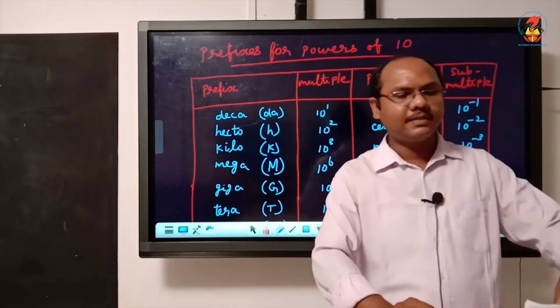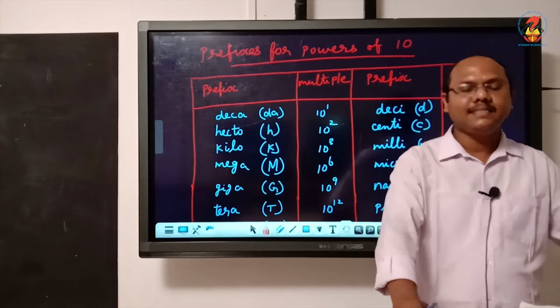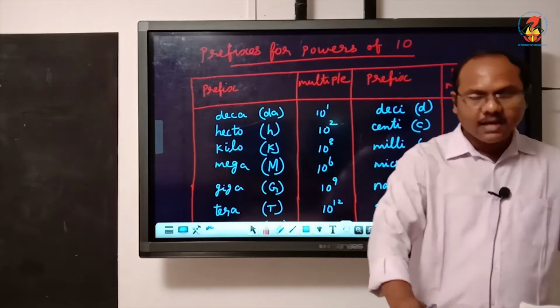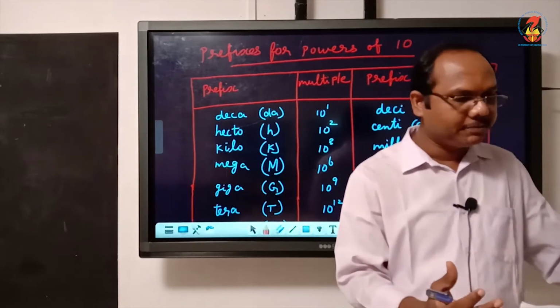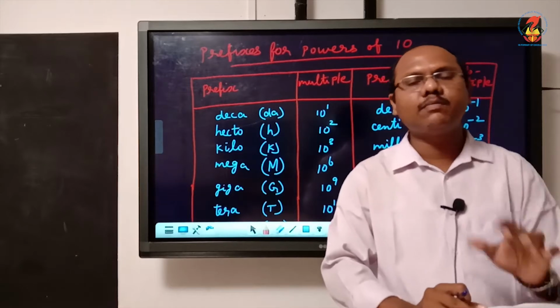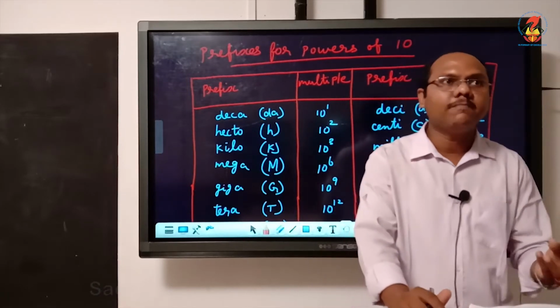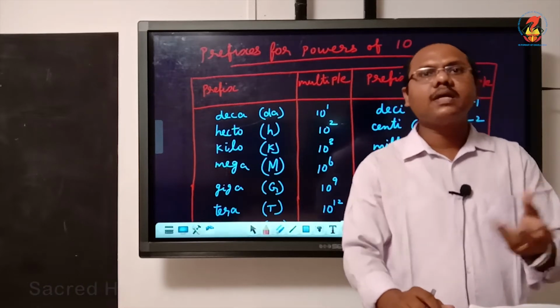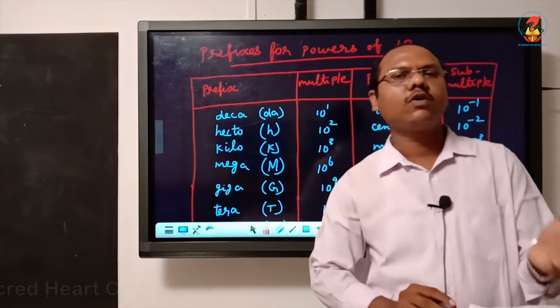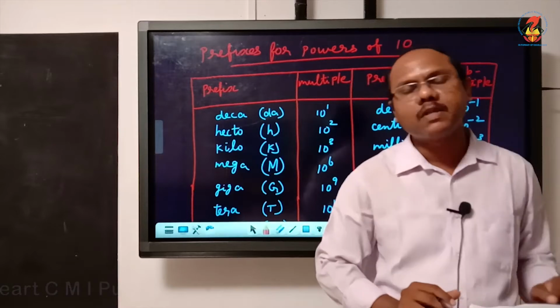Good morning, students. In this section, we are going to study how to convert one system of units to another. They will be giving a length in centimeter or millimeter or micrometer, like that.